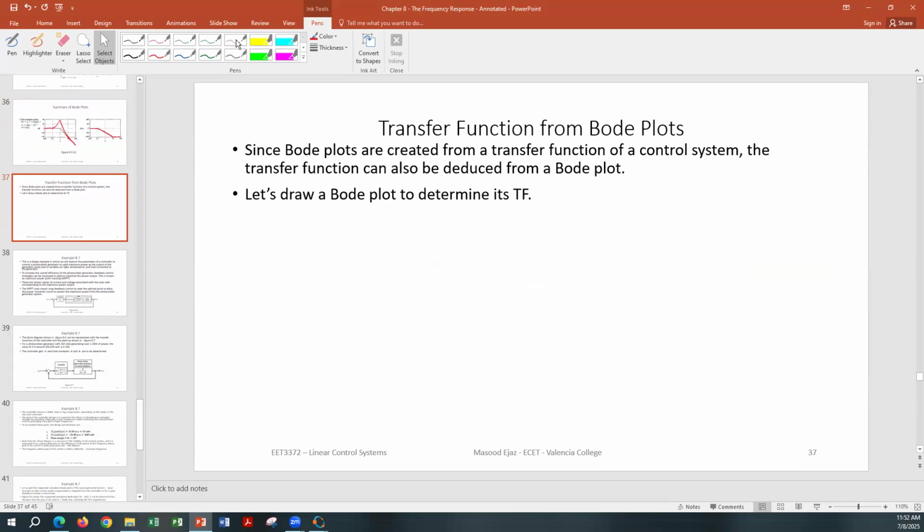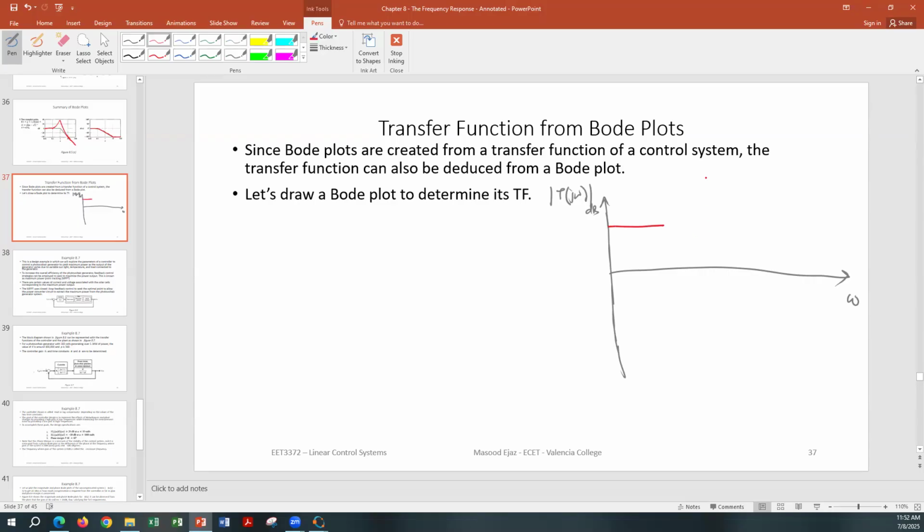Let's see. If we have a Bode plot, something like that, with omega and the magnitude of the transfer function in decibel.